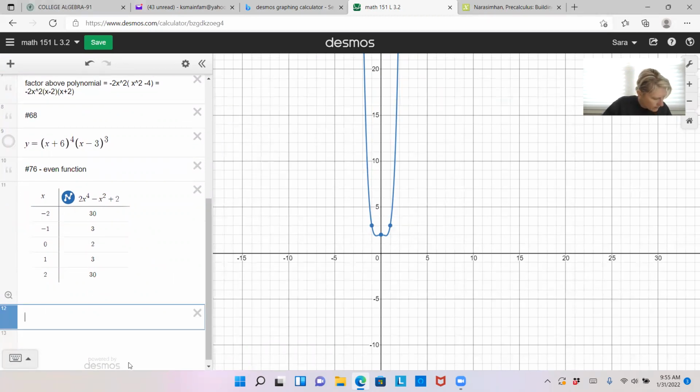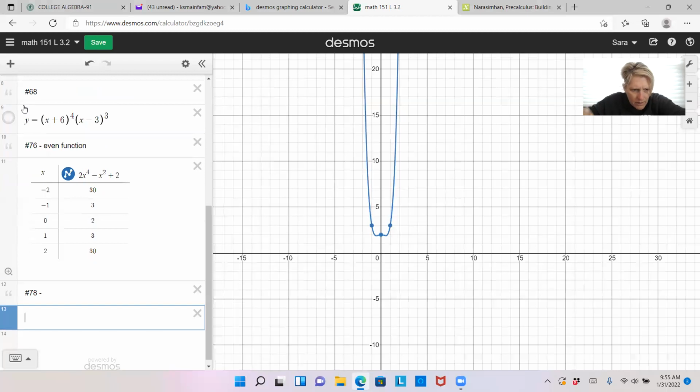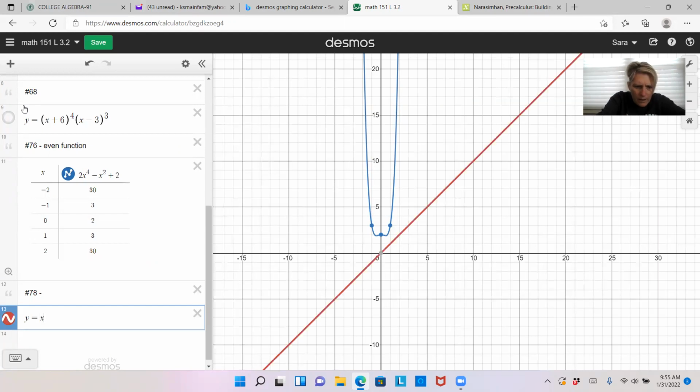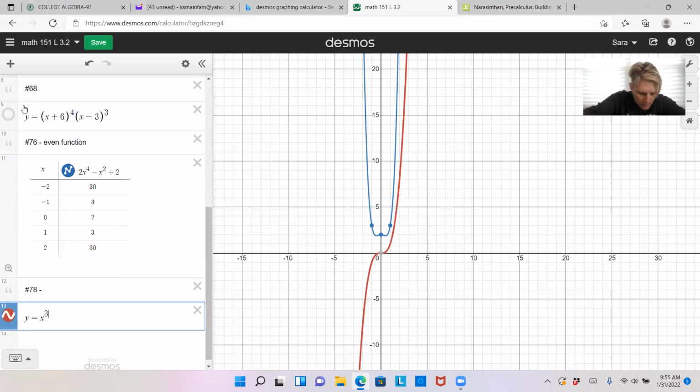And then let's look at 78, while we're here. And let's tell what that is. That one, 78, is y equals x to the 3rd minus 2.